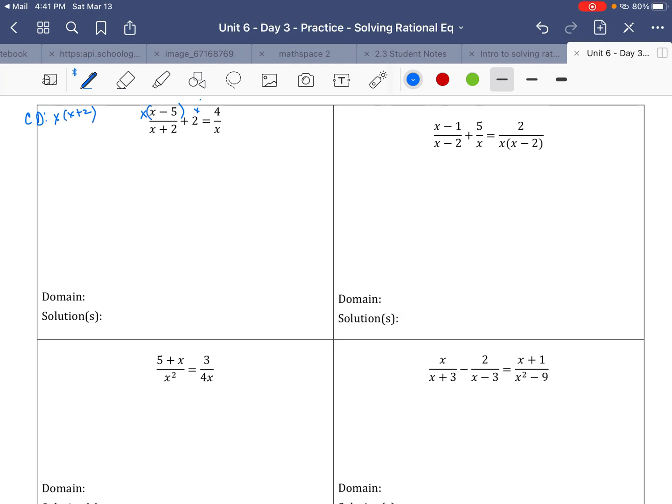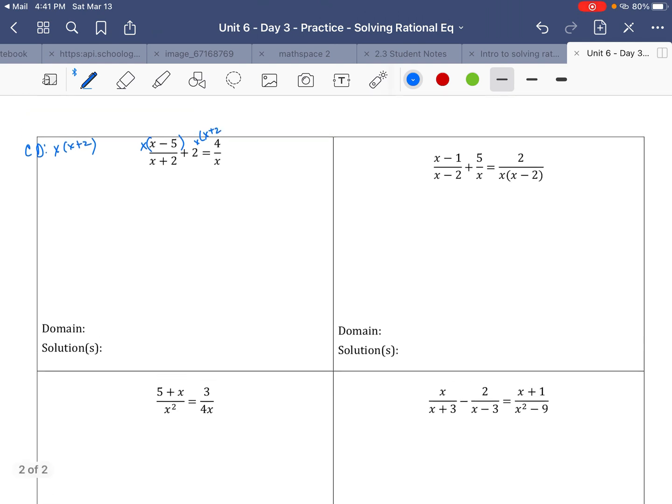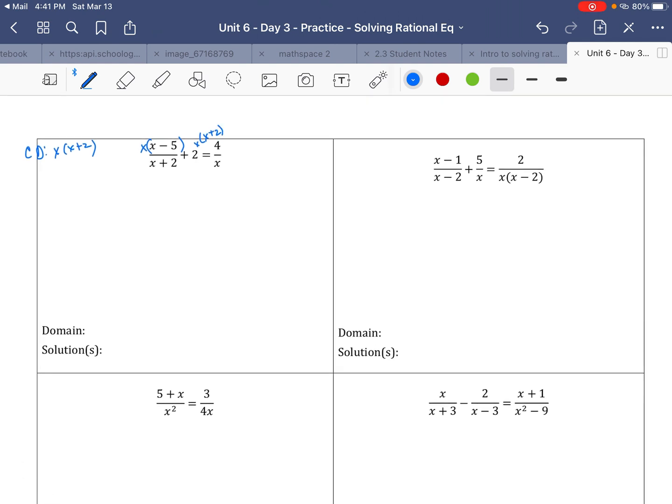The 2 needs to get everything. So he needs an x and an x plus 2. And the 4 already has an x on the bottom, so he just needs an x plus 2. Alright, so we got x times x minus 5 plus 2 times x and x plus 2, and then equals 4 times x plus 2.